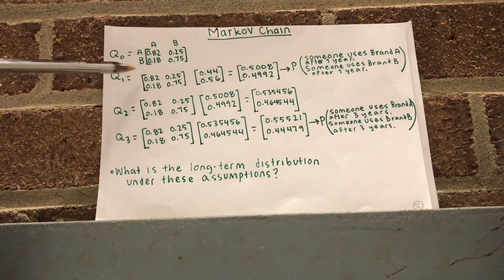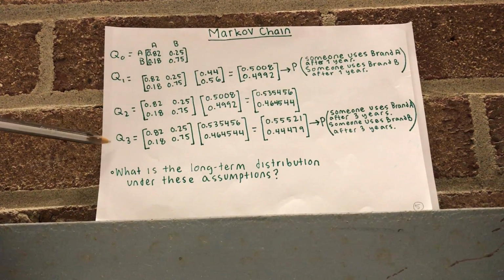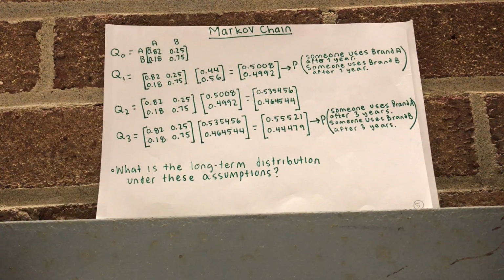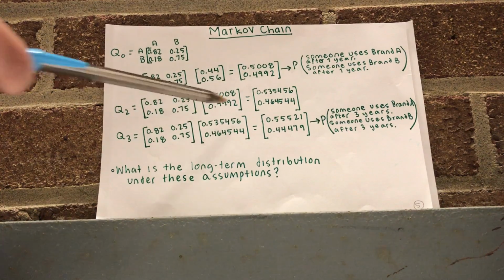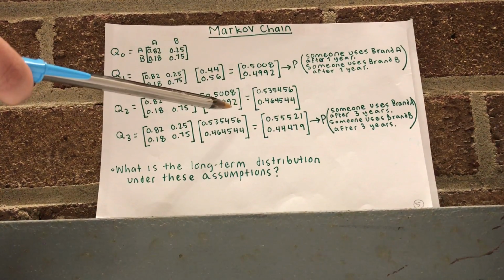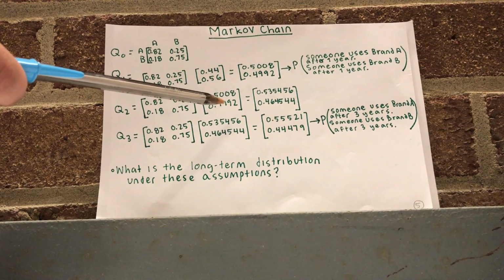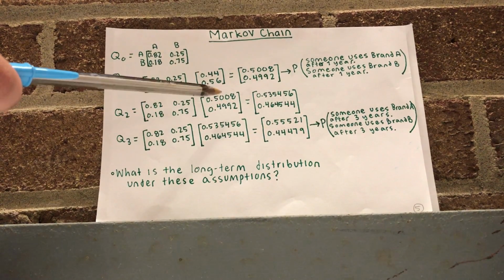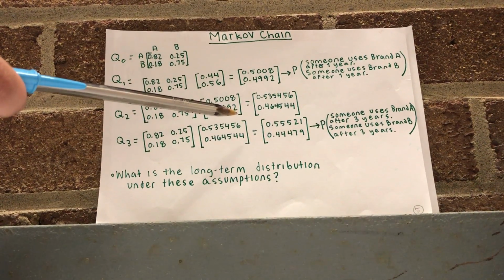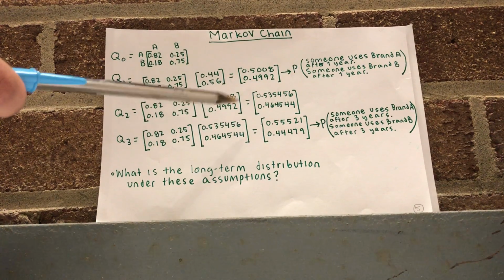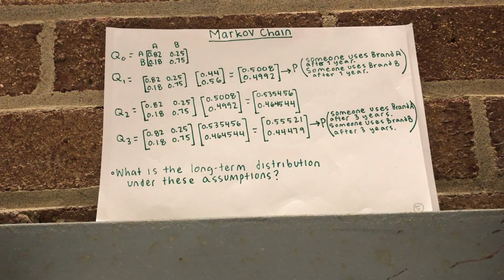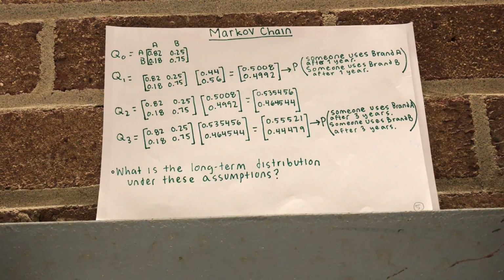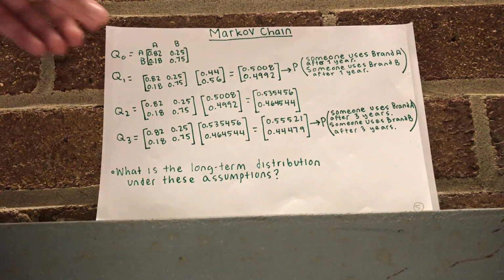This is done 2 times to get Q sub 3, or the probability after 3 years. So this comes out to 56% of those using brand A after 3 years, while 44% uses brand B after 3 years. Now, what is the long-term distribution under these assumptions?